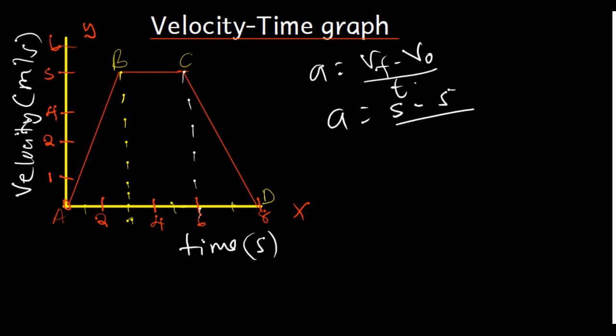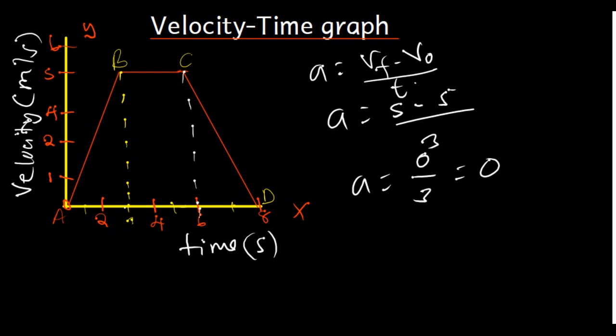Time is in between this part here and this part here, so it's 6 minus 3, which gives us 3. So acceleration is equal to 0 over 3, which gives us 0. That's why we are saying that if the velocity is constant, definitely the acceleration is 0. So as long as you hear that the velocity is constant, it means the acceleration there is 0.